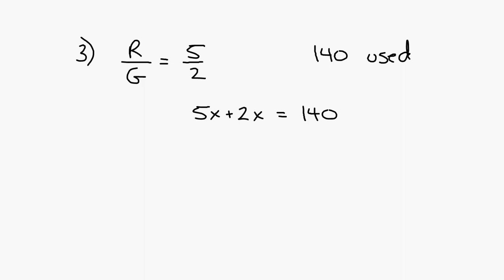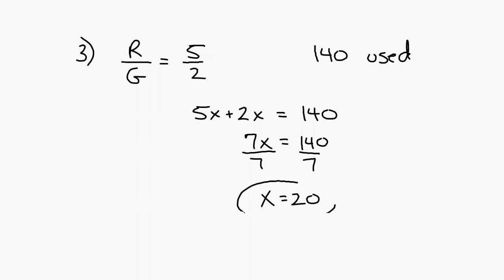This is your ratio of 5 to 2, red to gray. Now, solve for x. You get 7x equals 140. If you divide by 7, then x equals 20. X is what's called your multiplier.